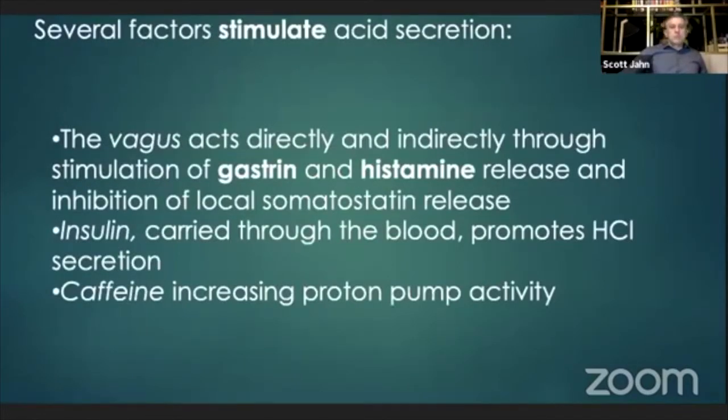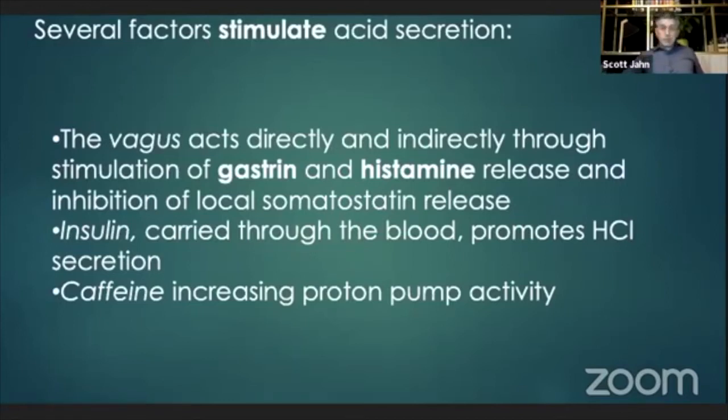So to secrete the acids, there's something called the vagus nerve. The vagus nerve acts directly and indirectly through stimulation of gastrin and histamine release, and inhibits local somatostatin release. You have insulin, which carries through the blood and promotes hydrochloric acid secretion, and caffeine actually can increase that protein pump activation.